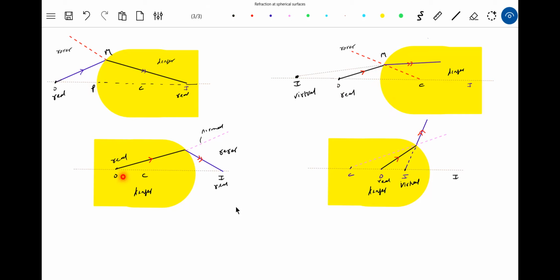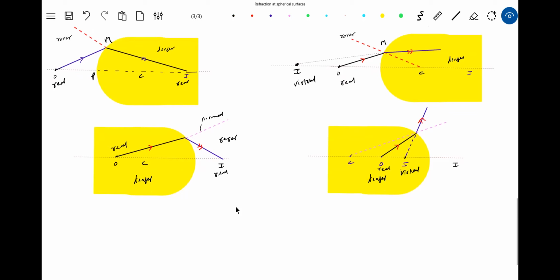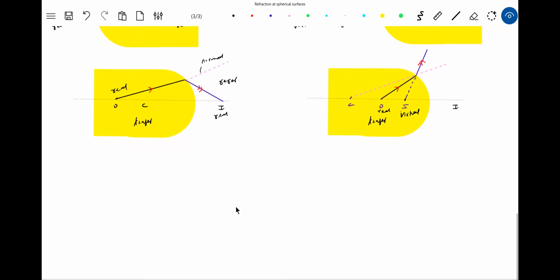Here, the object is kept in the denser medium, and the boundary is facing the rarer medium, but look at this one, now it will be concave towards the object. The object can be in the rarer medium or in the denser medium. That's what I mean to say. In all these cases, the same formula we derived is still applicable. One more case is there, I'll introduce that.